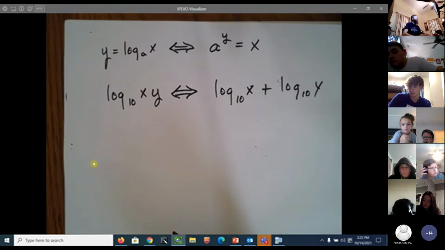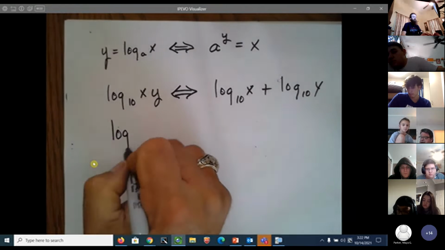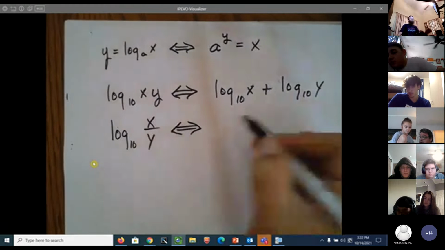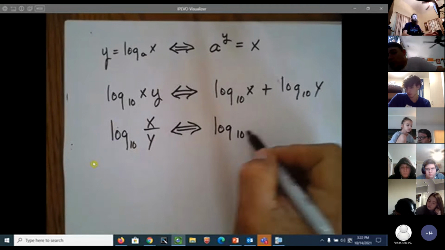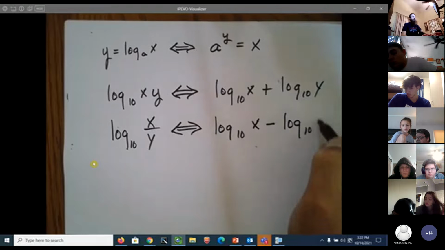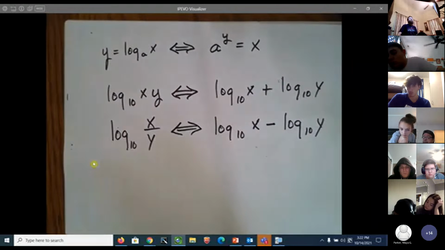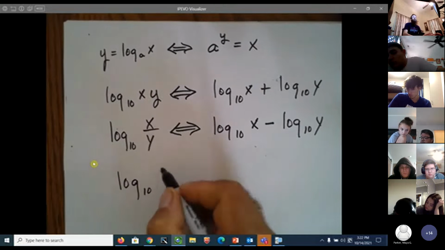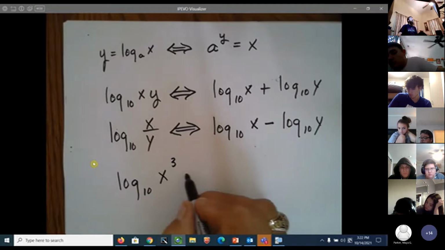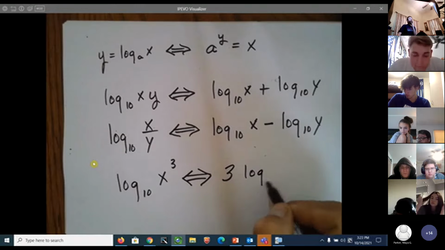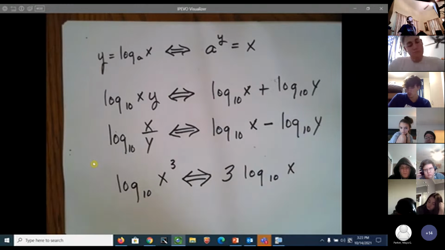That's called the product rule of logarithms. Log base 10 of x divided by y can be rewritten as log base 10 of x minus log base 10 of y. Power rule, log base 10 of x to the 3rd power can be rewritten as 3 log base 10 of x.